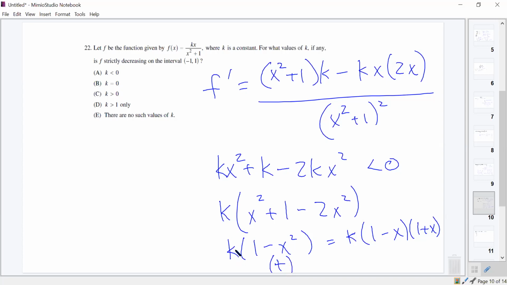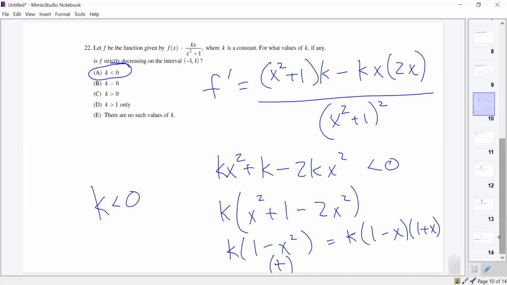So in order for this to be decreasing, k would have to be a negative number. So anytime k is less than 0, that derivative will be less than 0 because the rest of the derivative is just positive. Does that make sense to everybody or no? That makes sense. Wonderful.